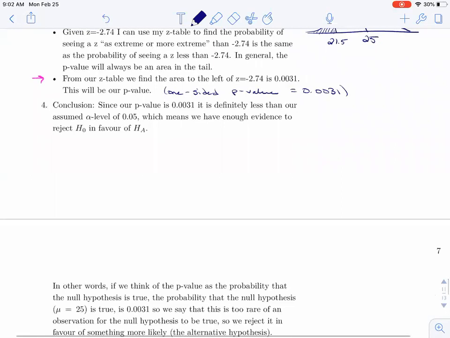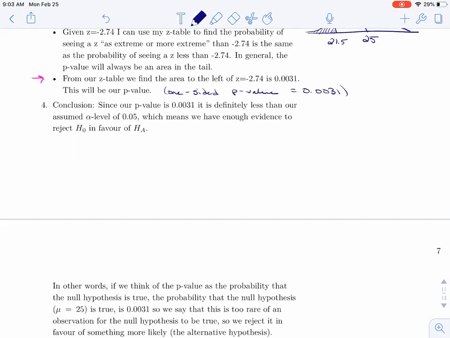So now it's time for our conclusion. Remember, our conclusion has 3 steps. First thing we have to do is compare our p-value to the alpha level. If I don't give you an alpha level, saying use an alpha level of whatever, just use 0.05. That's the default. So here, in our conclusion, since our p-value is 0.0031, it's less than our assumed alpha level of 0.05.